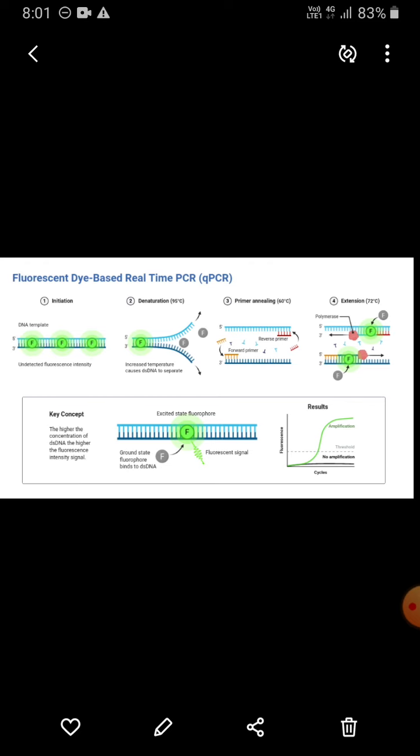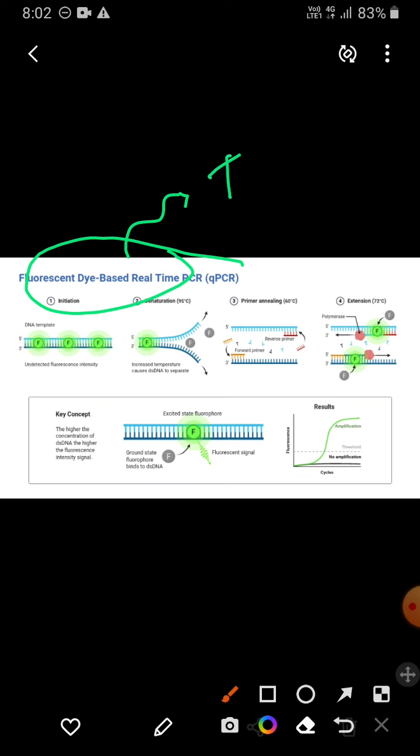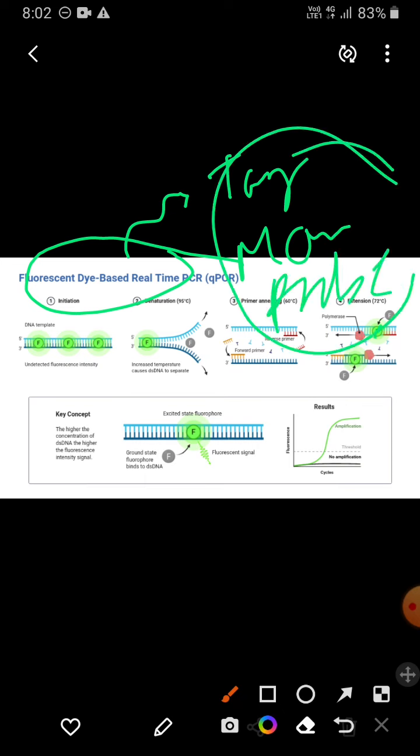So for that reason, and for confirming whether our gene of interest is amplified or not, we have developed a sequence specific probe based real time PCR, where we are using TaqMan probe. Okay, and we also have to keep in mind that this TaqMan probe will not bind with the 3' end of the DNA sample, right?